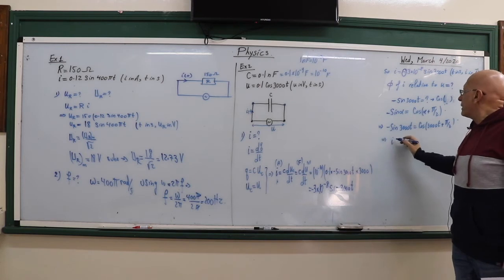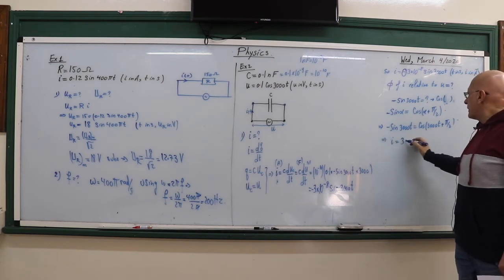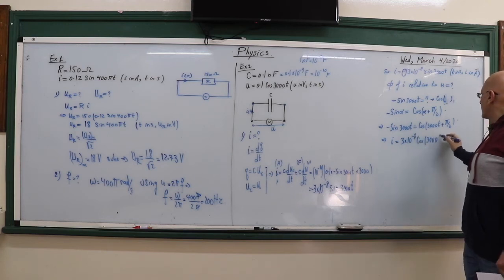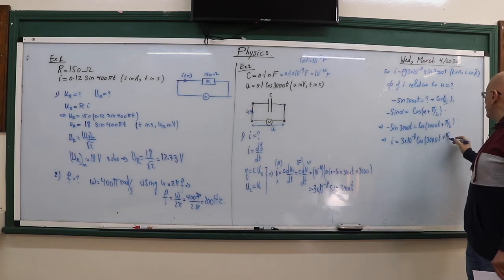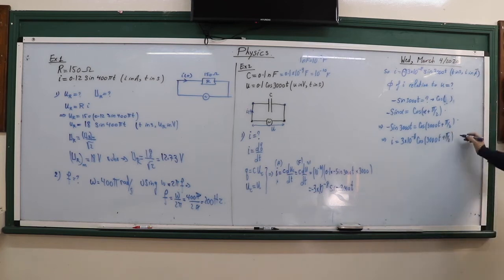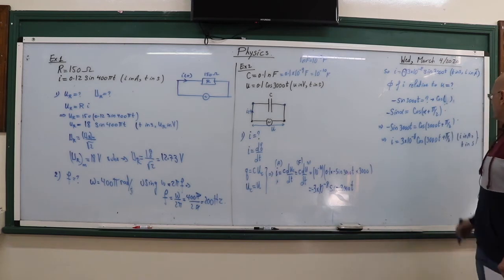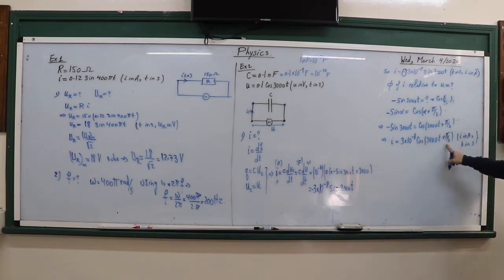So I is equal to 3 times 10 power minus 8 cosine 3000 t plus pi over 2, I in ampere, t in second. Now the phase difference of I relative to u is pi over 2.